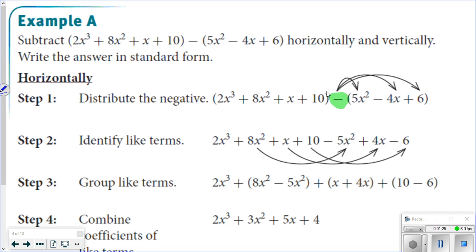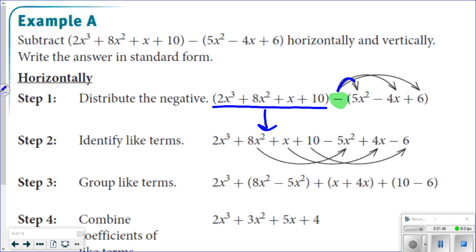So what we do is we leave the first polynomial alone exactly how it is. Notice every sign stays the same. I'm just going to bring it down. But distributing the negative means that I'm going to change the sign to every term in my second polynomial.